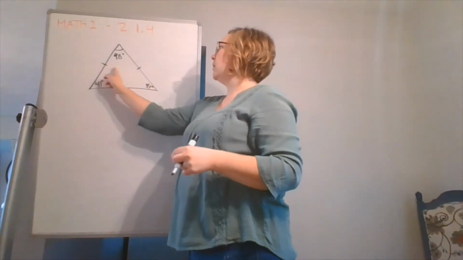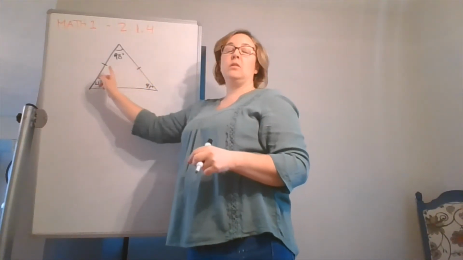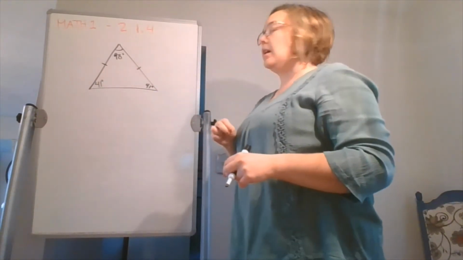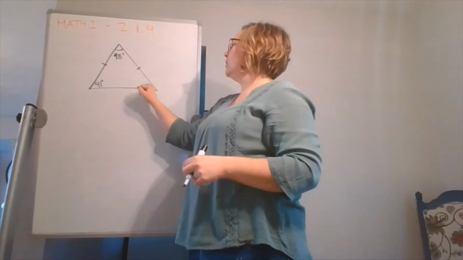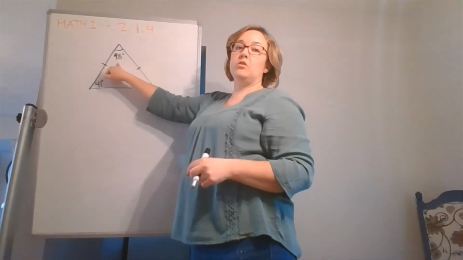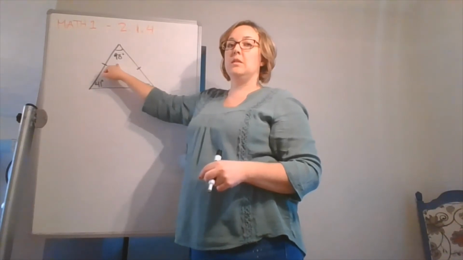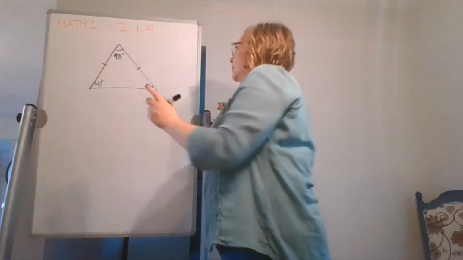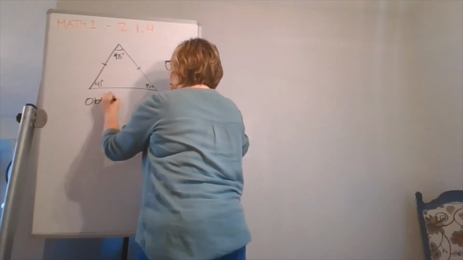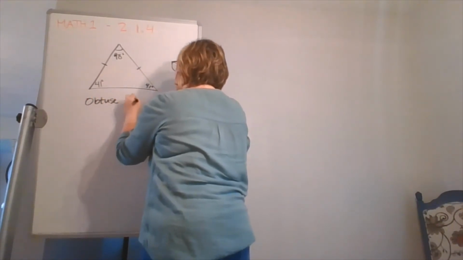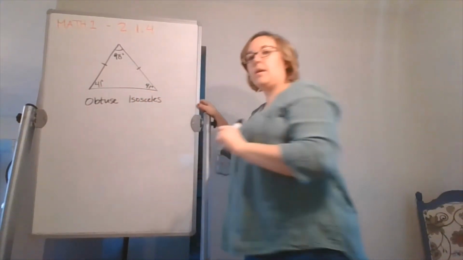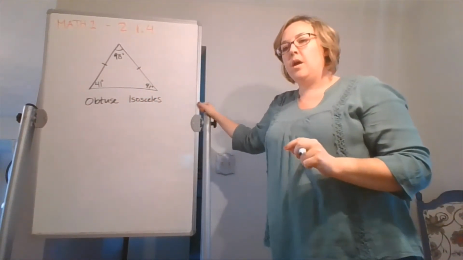These two little tick marks say that the two sides are equal. The type of triangle that has two equal sides is an isosceles triangle. When we look at our angles, this one right here is larger than 90 degrees, which means it's an obtuse triangle. So this triangle is obtuse, isosceles. Okay, that's the type of triangle for that one.